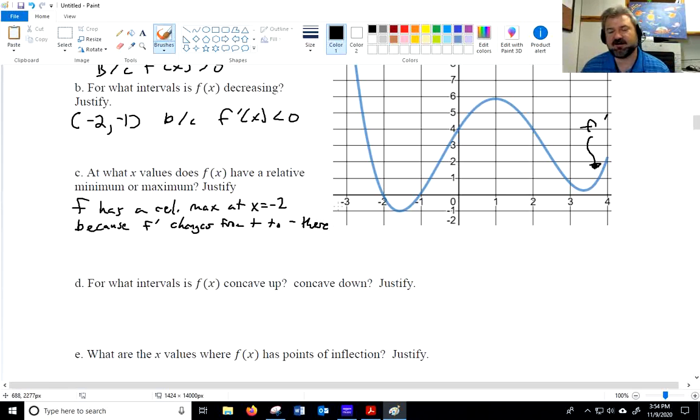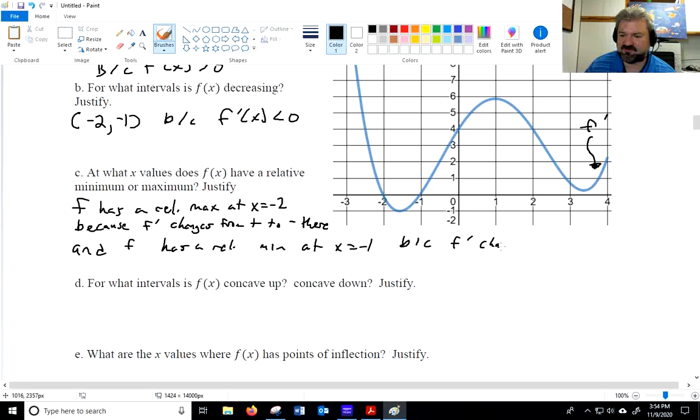In other words, the graph goes from increasing to start decreasing. Likewise, f has a relative minimum at x equals -1 because f prime changes from negative to positive there.